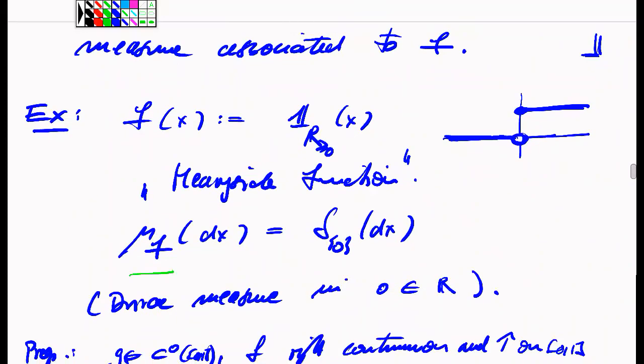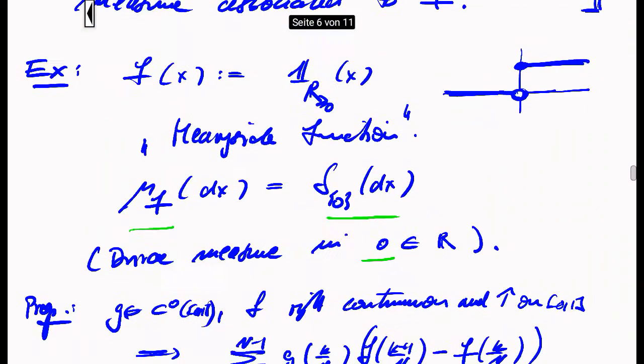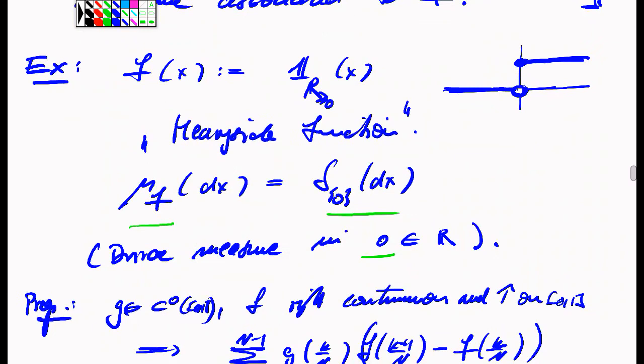And the corresponding Lebesgue-Stieltjes measure for this indicator function, according to this definition, is exactly the Dirac delta measure at the origin. So this gives you an example of a function f which is certainly not differentiable, because it's not differentiable in 0, obviously. But we can still consider the corresponding Lebesgue-Stieltjes measure.